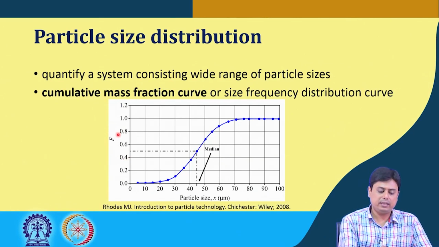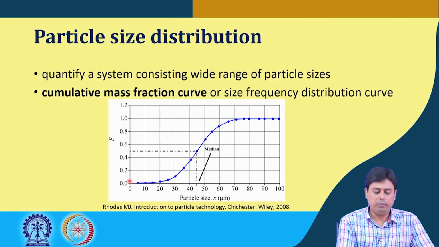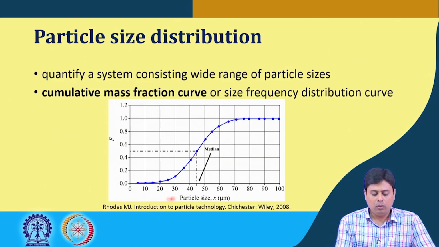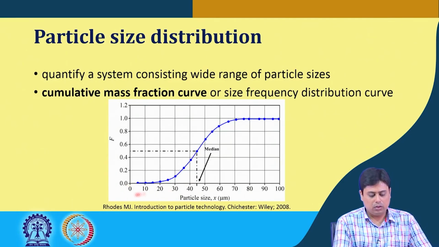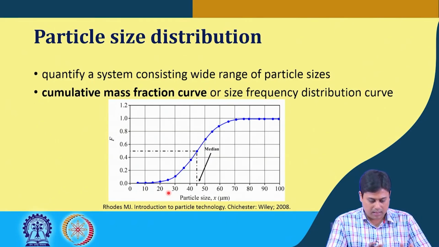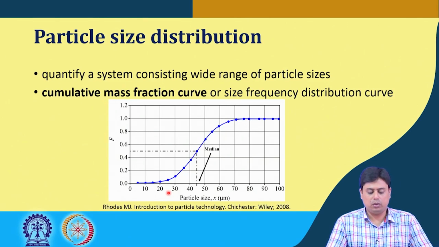Here you can see that the sum of the mass fractions of a sample will be total 1. This curve shows that you take a certain particle size, and below that size, you take the mass fraction of the particles and start plotting those values.